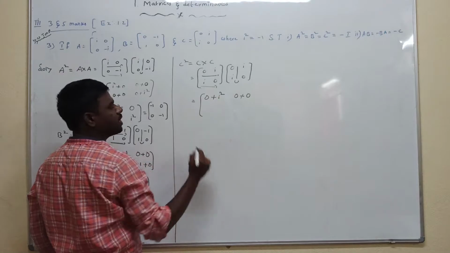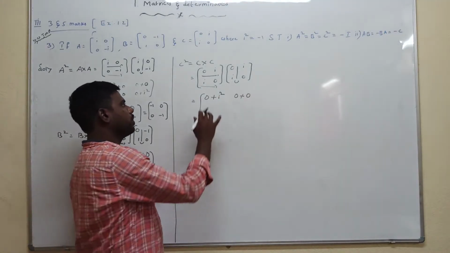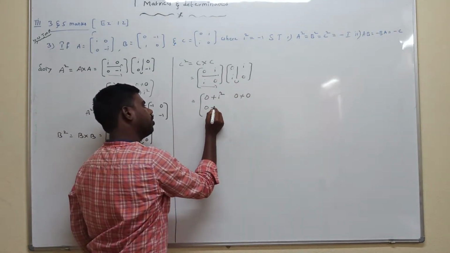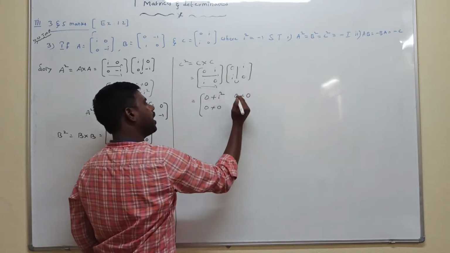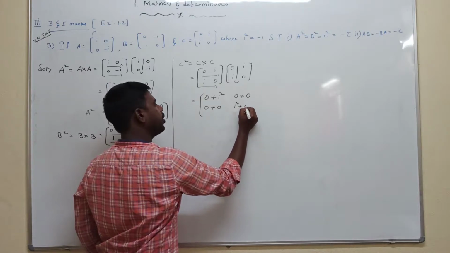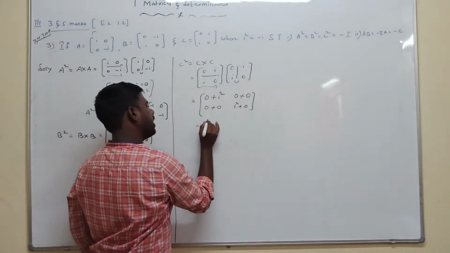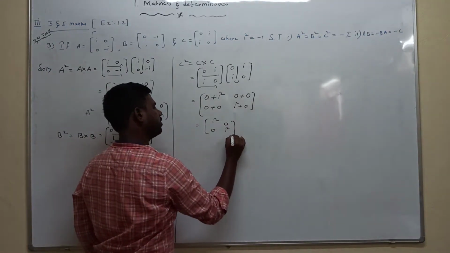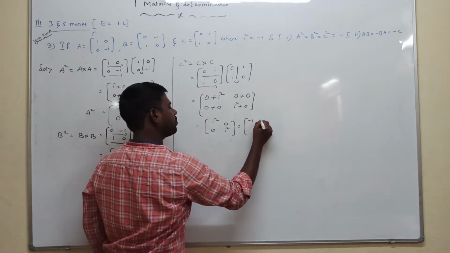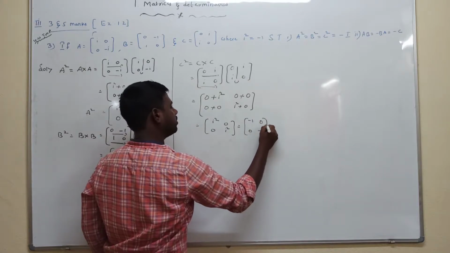Next, second row, first column: I into 0, 0 plus 0 into I is 0. Next I into I square plus 0 into 0, 0. Next I square, 0, 0, I square, and I square is nothing but -1, 0, 0, -1.